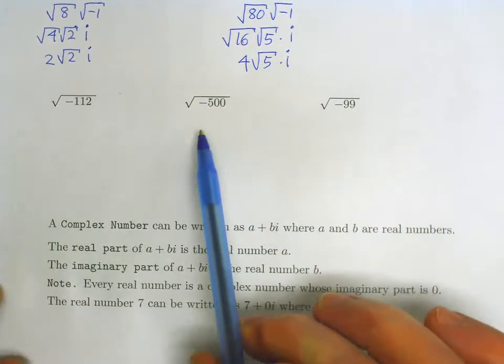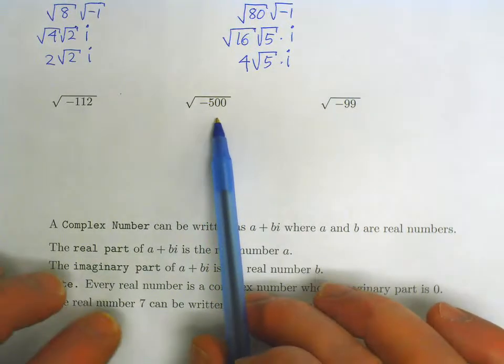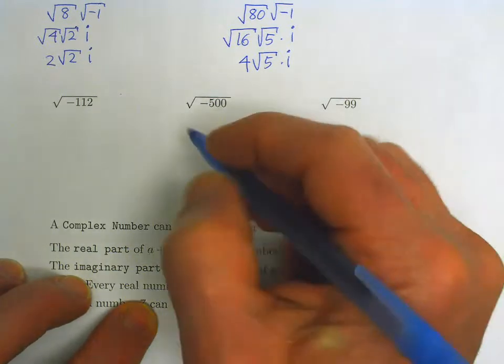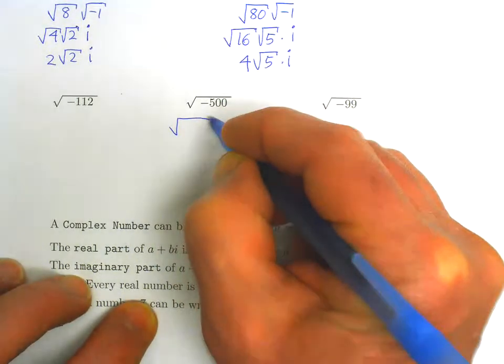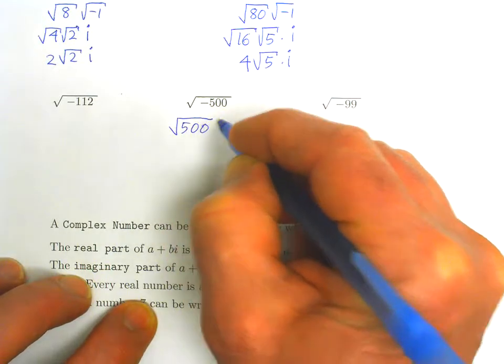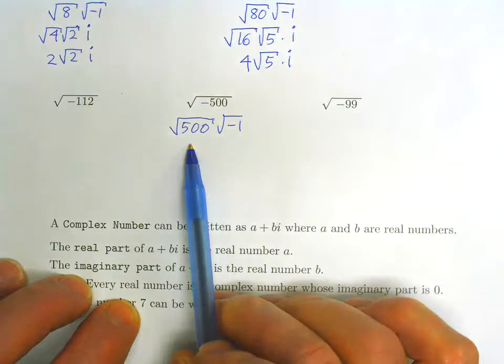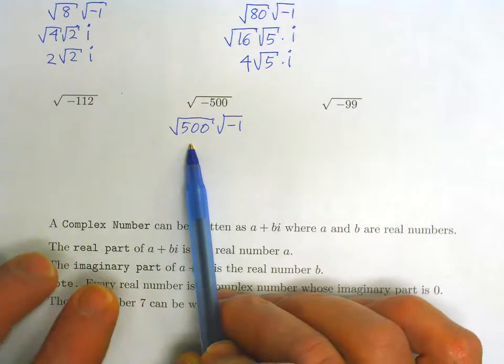Sometimes you'll encounter big numbers, but they aren't really that hard. Like this one, the square root of -500. We can write that as the square root of 500 times the square root of -1. The largest factor of 500 that's a perfect square is 100.